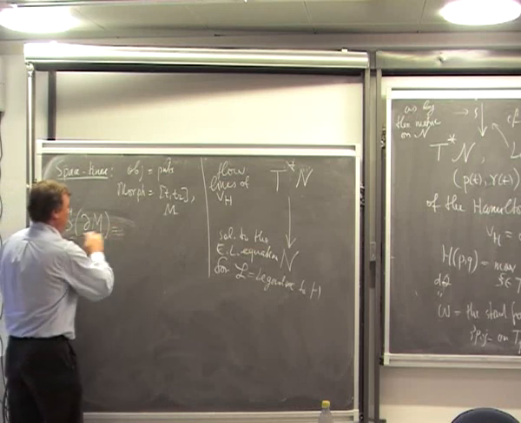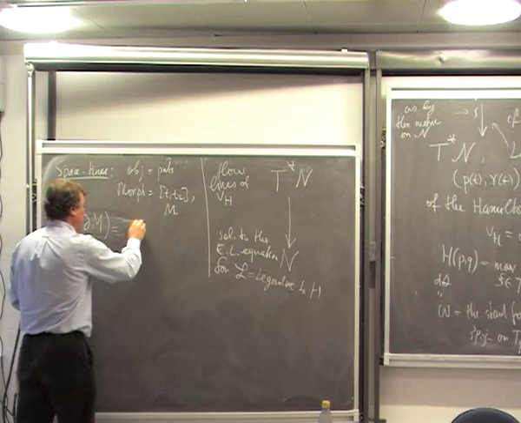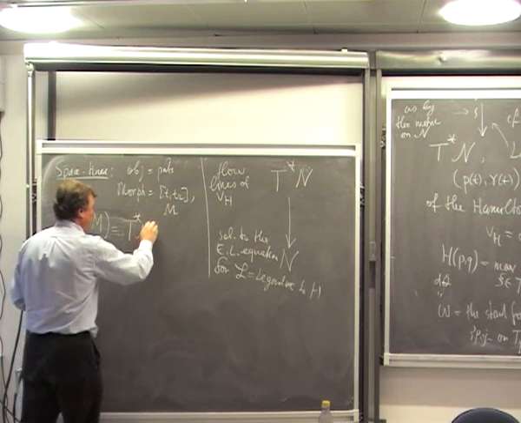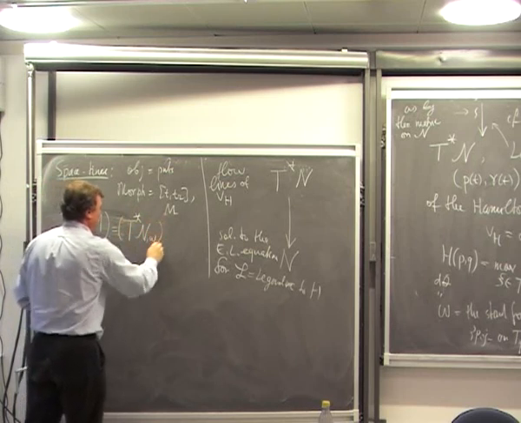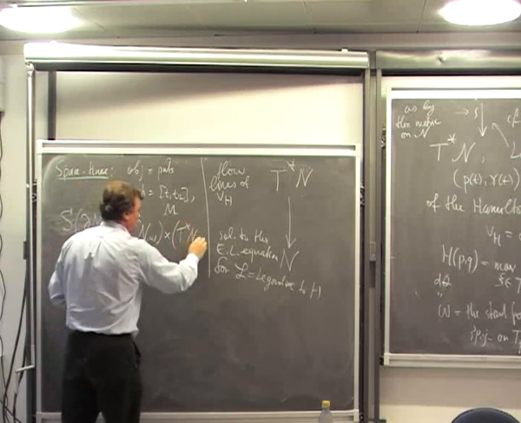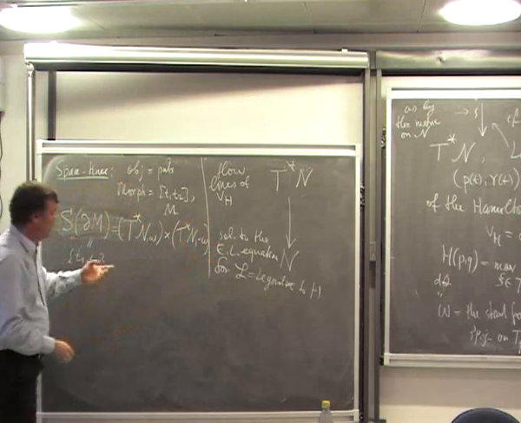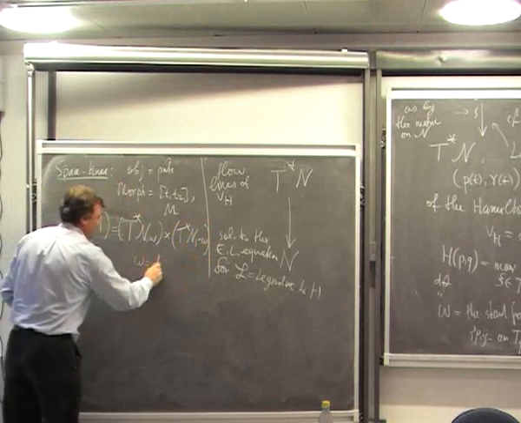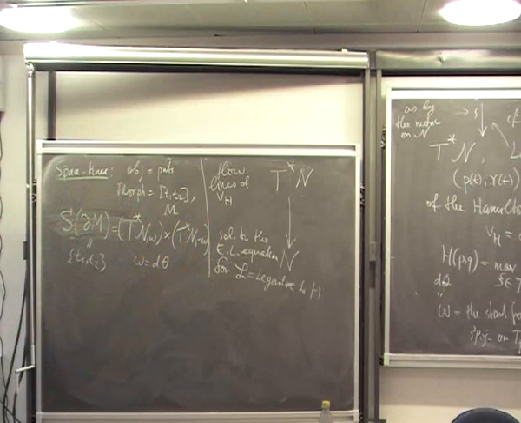So this is equal to T star N with omega, times T star N with minus omega, where omega is the canonical symplectic structure.